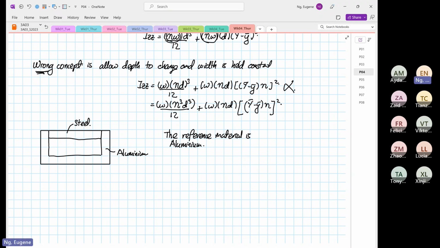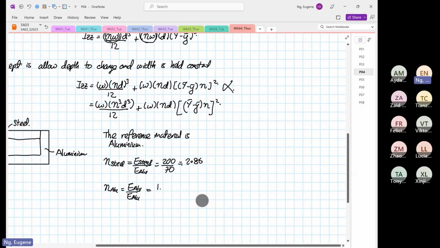The reference material is aluminum. So N of steel will become E of steel divided by E of aluminum. So this is 200 over 70, which is 20/7, so it is 2.85 or 2.86, and N of aluminum is E of aluminum over E of aluminum, and this is equal to 1.